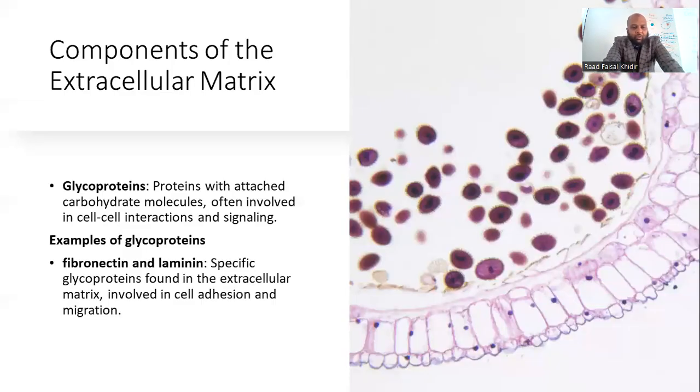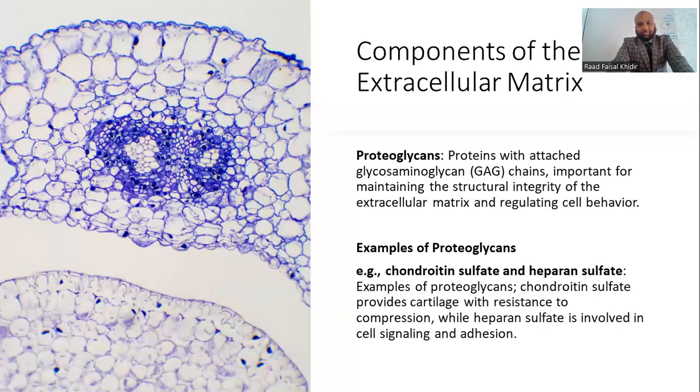What are the components of the extracellular matrix? So we have glycoproteins and we have also lipoproteins. These are proteins with attached carbohydrate molecules, and they are often involved in cell-to-cell interactions and signaling. Examples of glycoproteins are fibronectin and laminin, and these are specific glycoproteins found in the extracellular matrix, and they are involved in cell adhesion and migration.